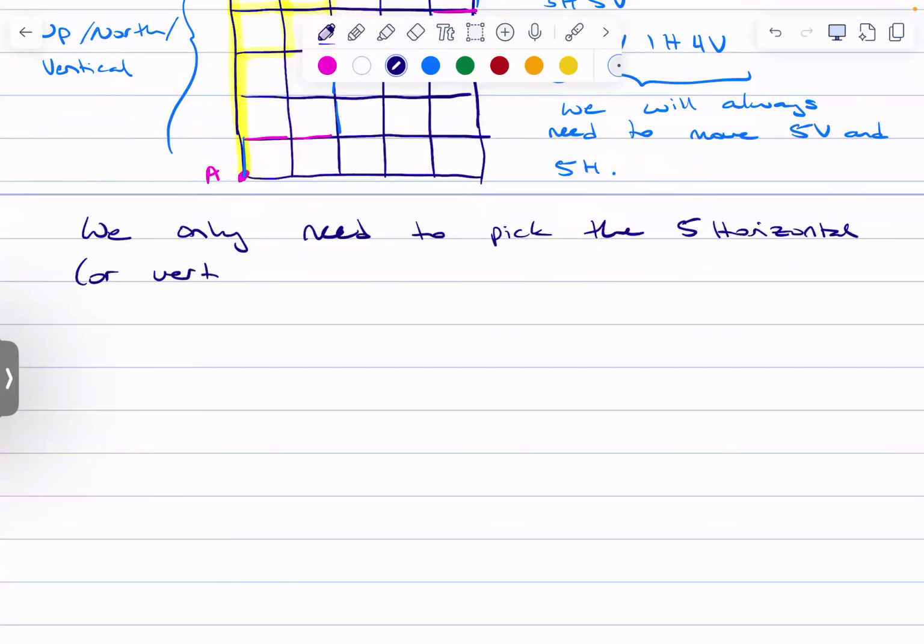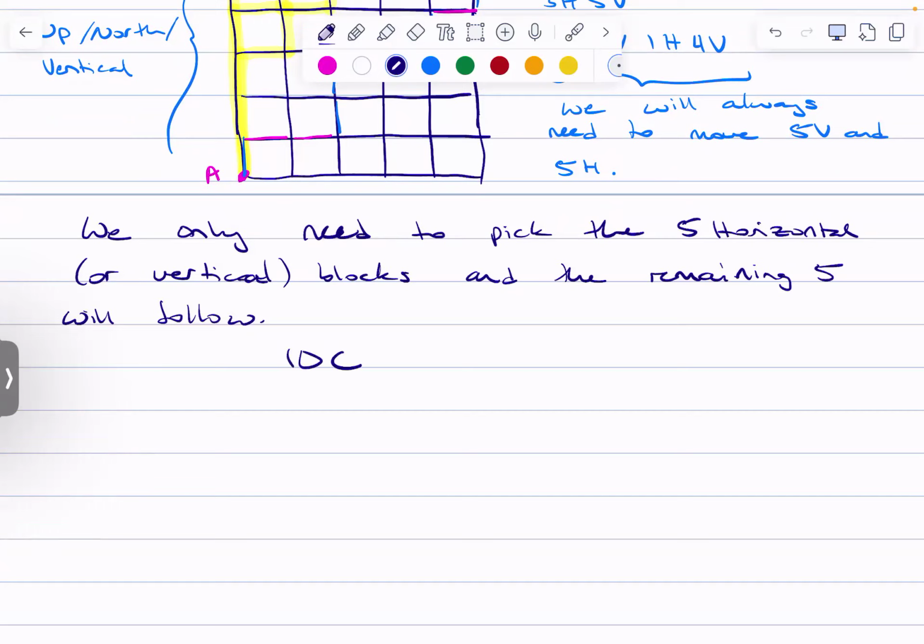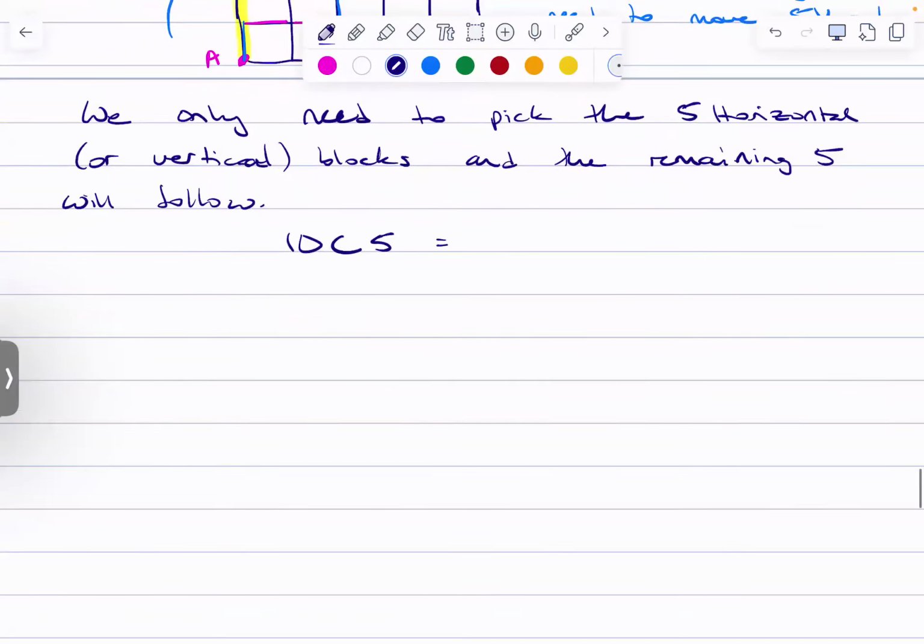Or vertical, and the remaining 5 will follow. So out of 10 blocks, how many ways can I choose 5 of those? 10 choose 5.